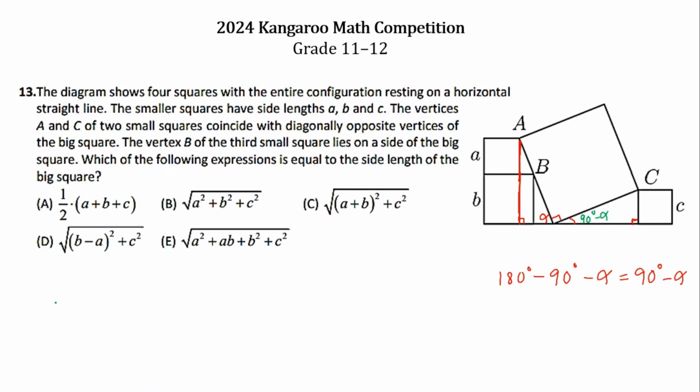Now how about this angle? That is just 90 degrees. I mean 180 degrees minus 90 degrees minus 90 degrees minus alpha.